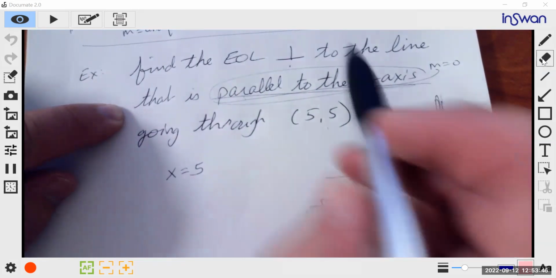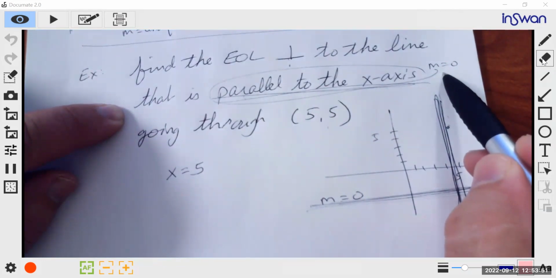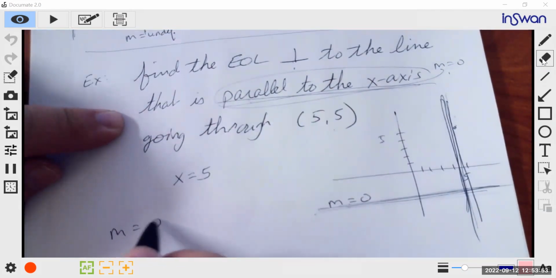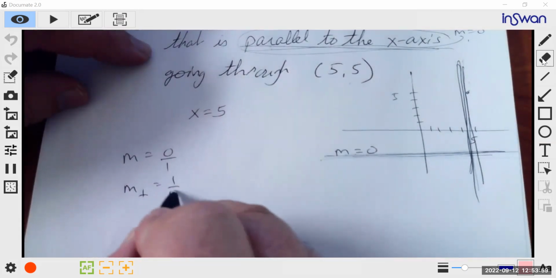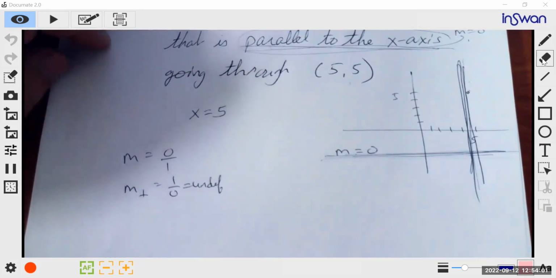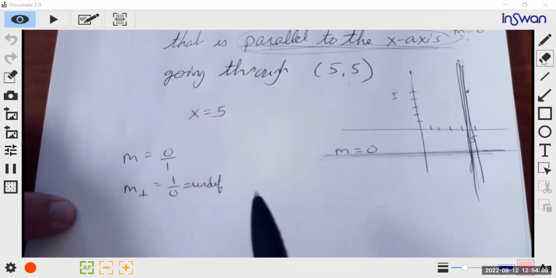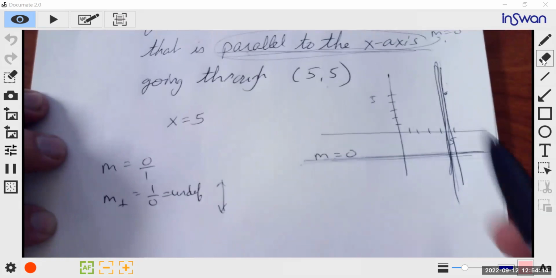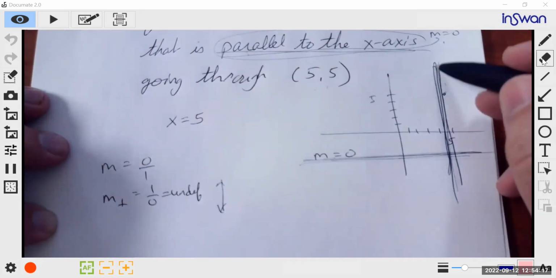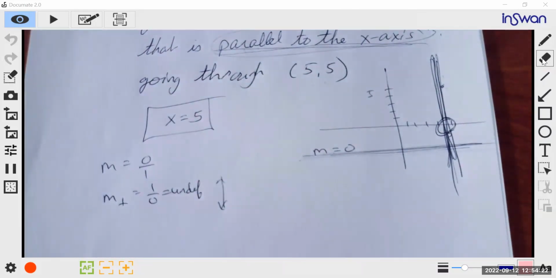It's got to be perpendicular to it. If the slope is 0 over 1, what's perpendicular to it? 1 over 0, which is undefined. You have to flip the slope. So it's got to be undefined. Undefined slopes are vertical lines. They're vertical lines going through 5, 5. So since it only crosses the x-axis, that's the only point that we have.